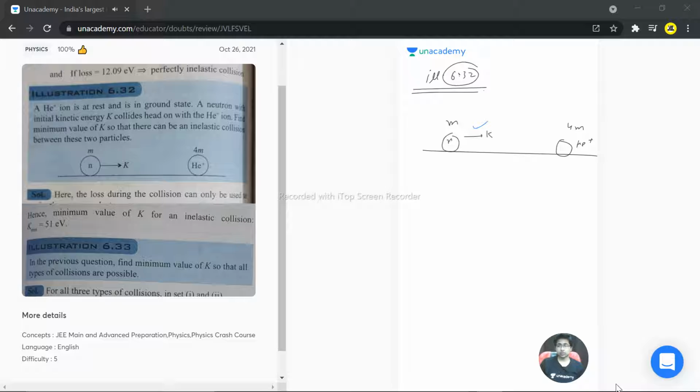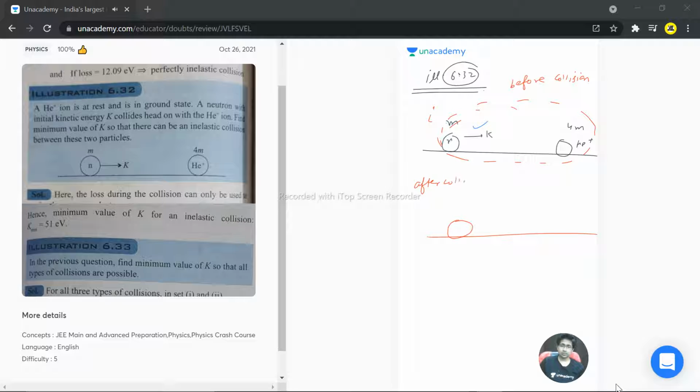Because there is no external force acting on this system, I can apply linear momentum conservation. So this is the initial scene, and this is before collision. Let's see what happens after collision.